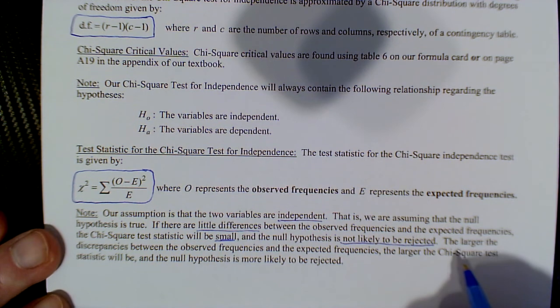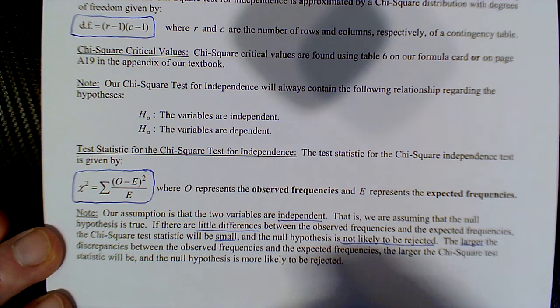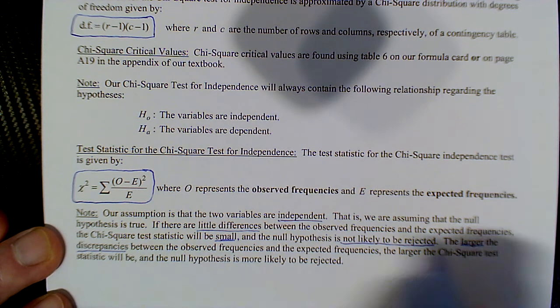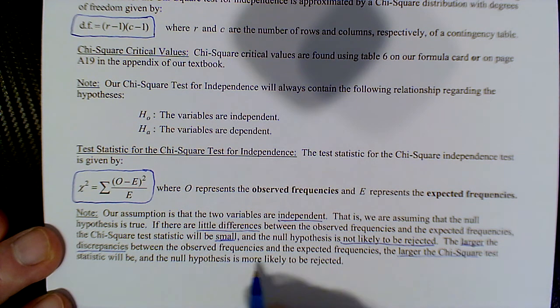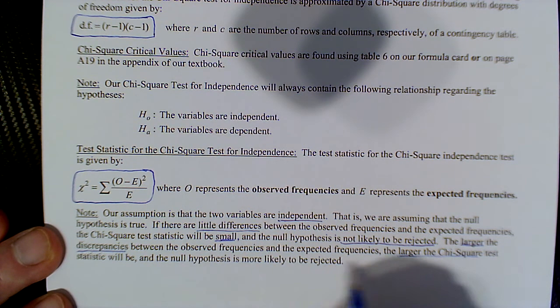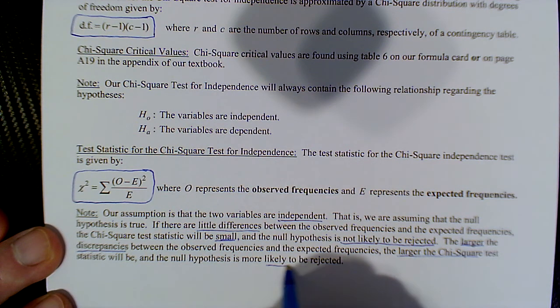But the larger the differences between the observed and the expected, the larger chi-square is going to be. So larger discrepancies, larger chi-square, and more than likely the null hypothesis is more likely to be rejected.